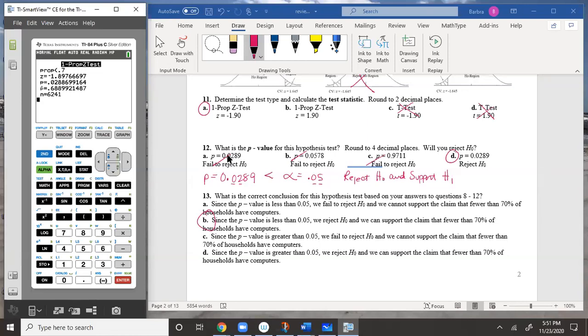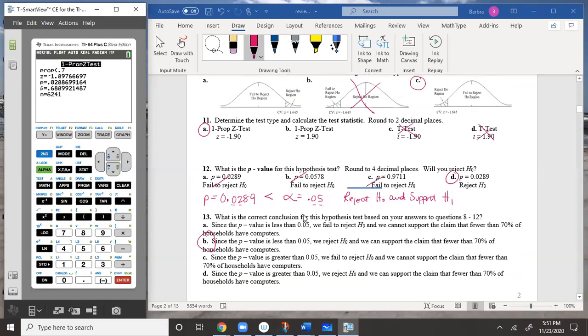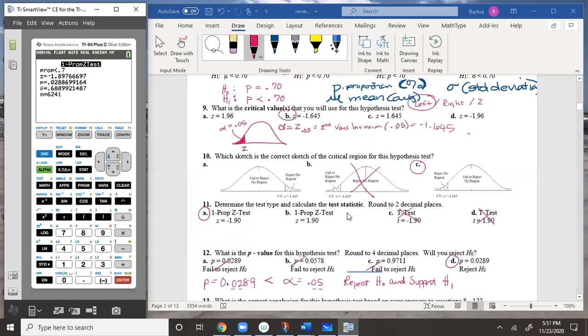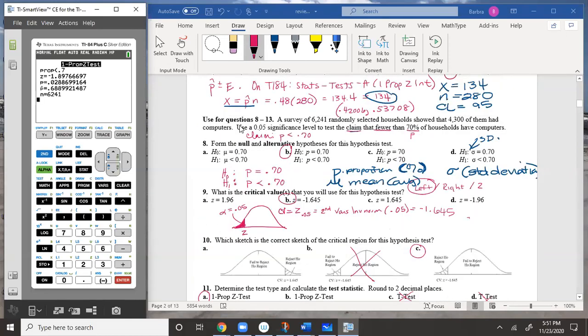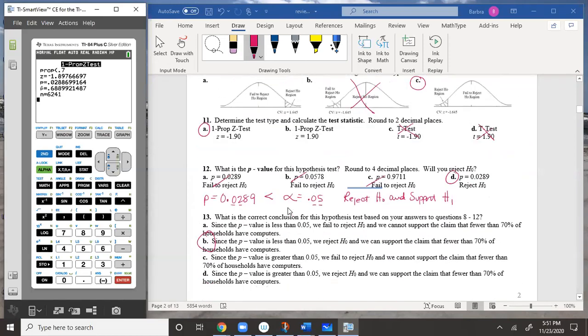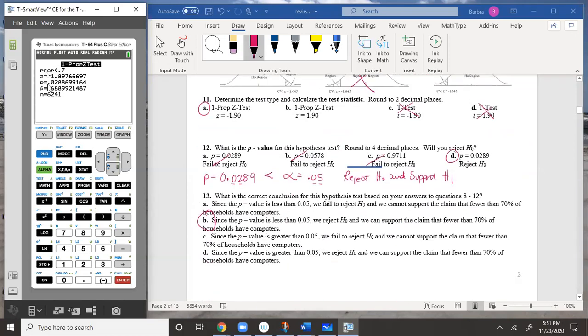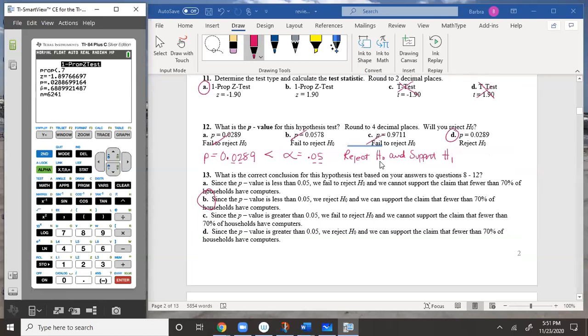But how we know whether or not to reject the null, we're going to have to compare it with alpha. And the significance level they give you in the problem, they said is 0.05. So we're going to compare the p-value. If the p-value is less than alpha, we reject the null. If the p-value is greater than alpha, we fail to reject the null.